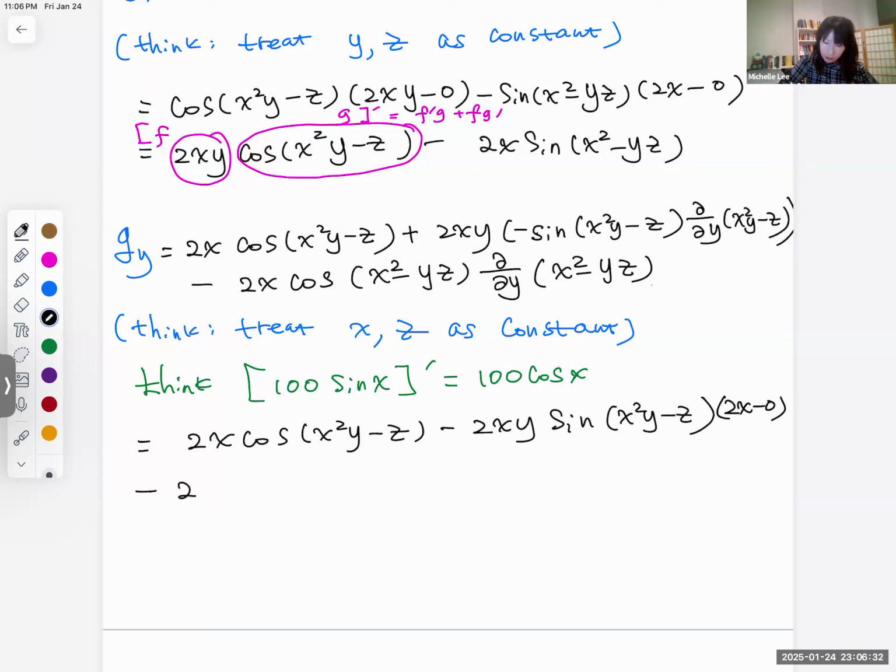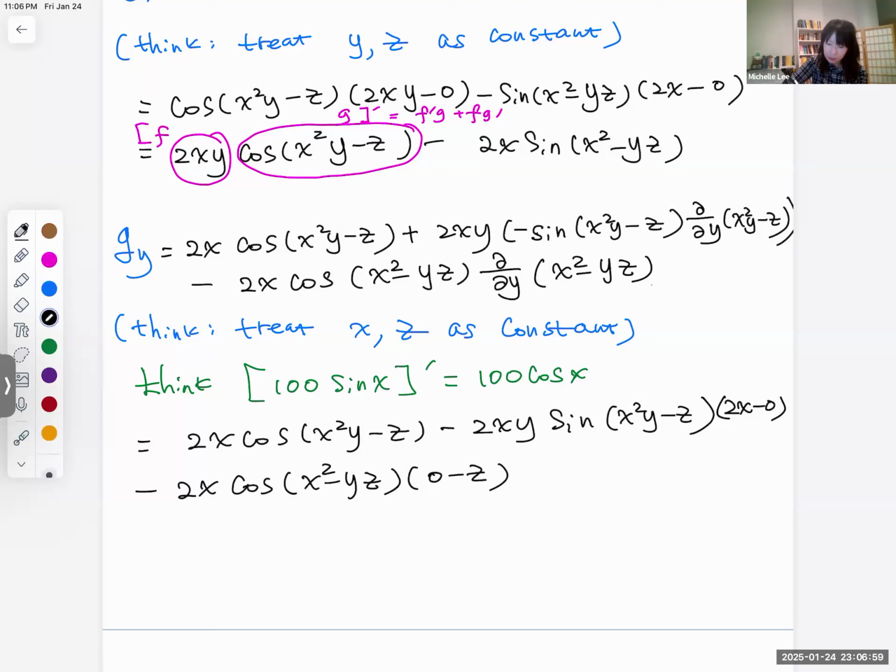Minus 2x cosine(x²y − z). What's the derivative with respect to y? That is 0 minus z, yeah? Because z is constant.